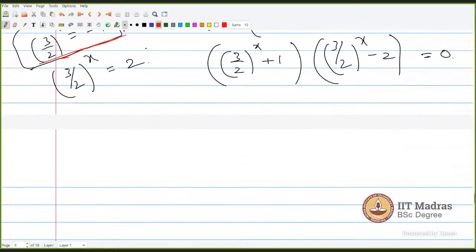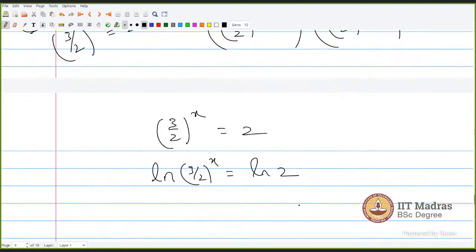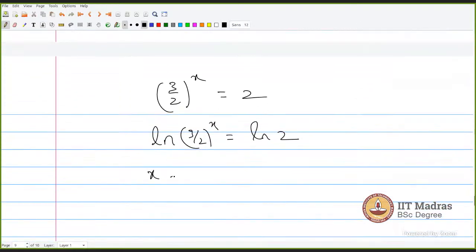3 by 2 to the power x takes the value 2. So 3 by 2 to the power x is equal to 2. What I will do is take log on both sides, or ln on both sides. When I take ln, x times ln 3 by 2 is equal to ln 2.